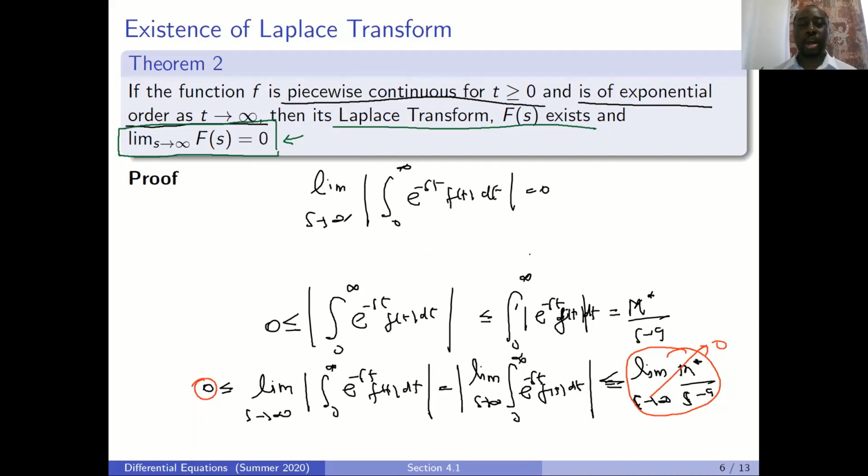Now, of course, from Calc 2, remember that if a sequence converges absolutely to 0, then it implies that the sequence converges to 0.